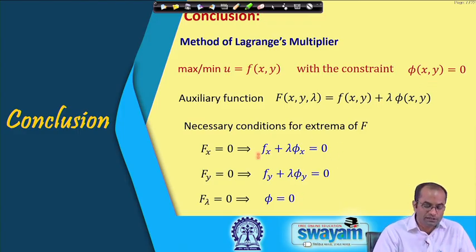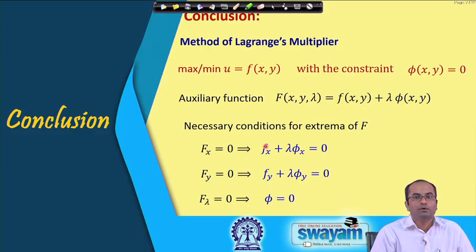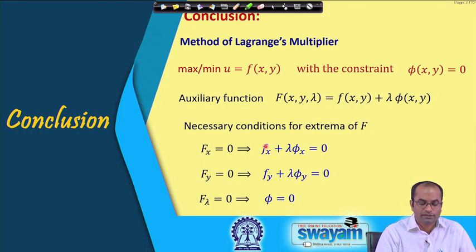So, out of these three equations we have to find all the points, meaning this x, y and lambda. So, all possible values of x, y, lambda we have to see which satisfy all these three equations, and then at all those points we have to compute the function value f x y and see where the function is attaining its maximum and its minimum.